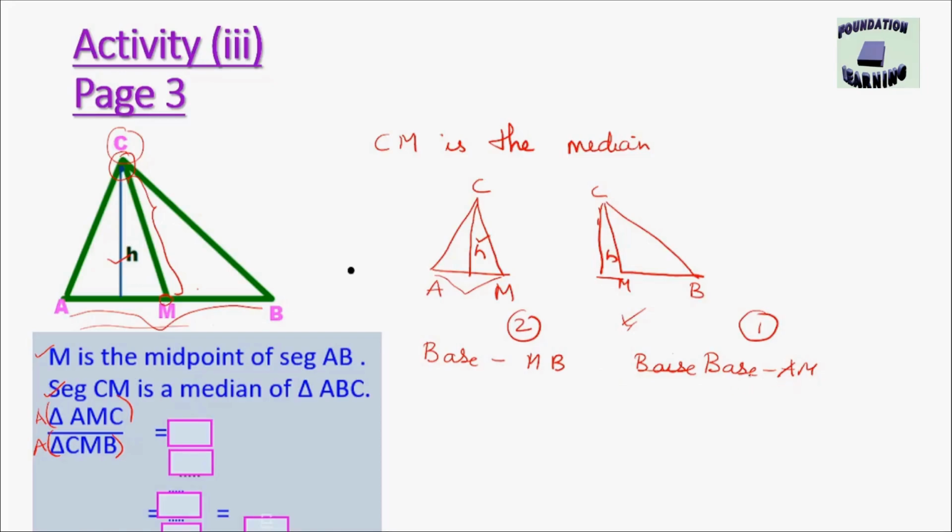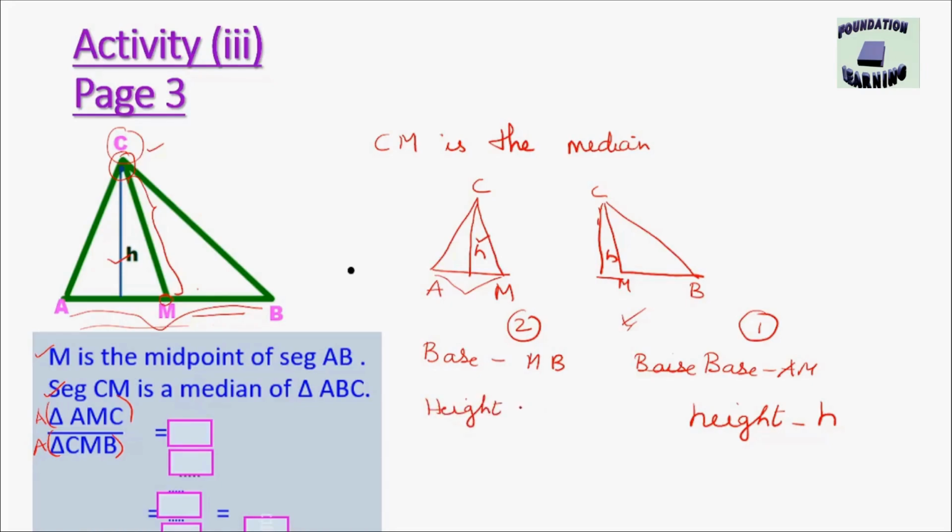First triangle, the base is AM. The second triangle, the base is MB. As I said, height is the same for both the triangles. Why is the height the same? Because there is a common vertex for all the triangles, to the opposite sides. Therefore, the height is the same. So here also the height is H, and here also the height is H.